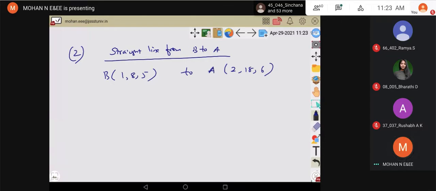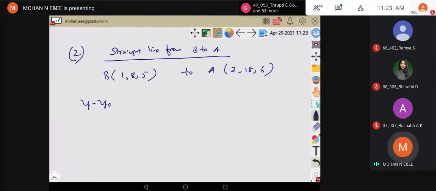218.6. So I have to use the coordinates of A and B so that I can solve for the expressions. So it is again fundamentals of linear equations.